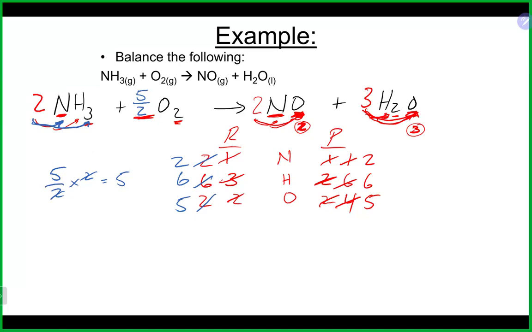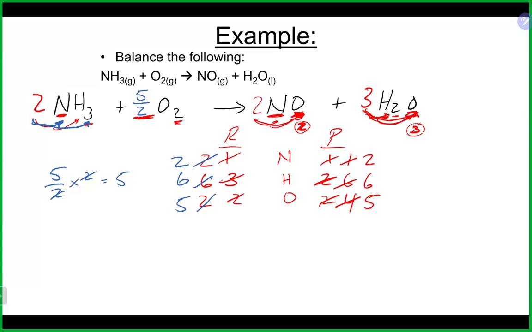Is it properly balanced, though? It is not, because I have a fraction, right? So this illustrates the point that you absolutely can use a fraction to balance the equation. Sometimes this happens when you have something like oxygen in its molecular form on one side and a couple of things on the other side. But you cannot leave it as a fraction.